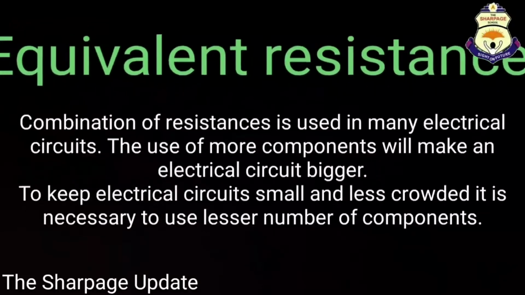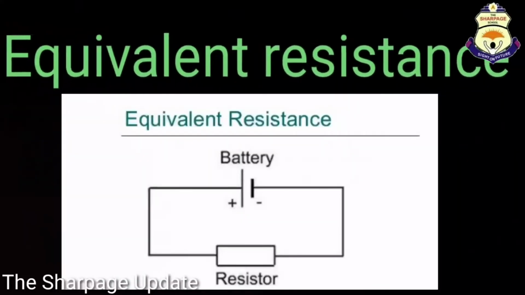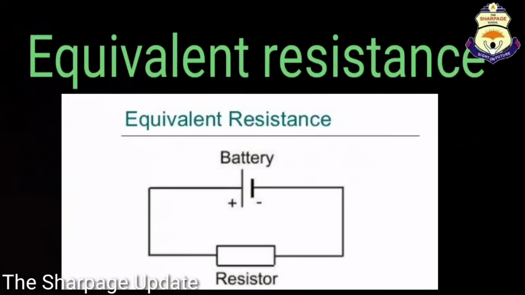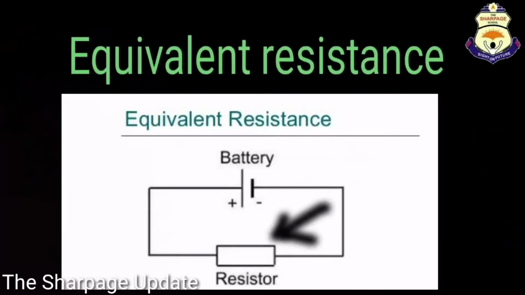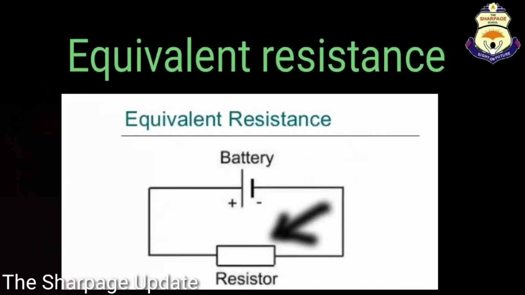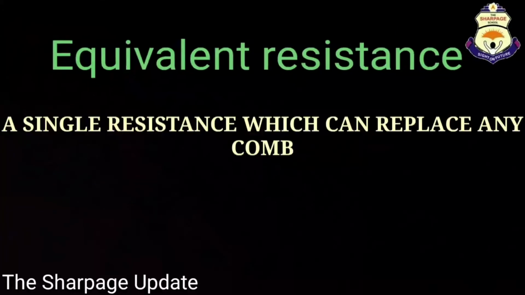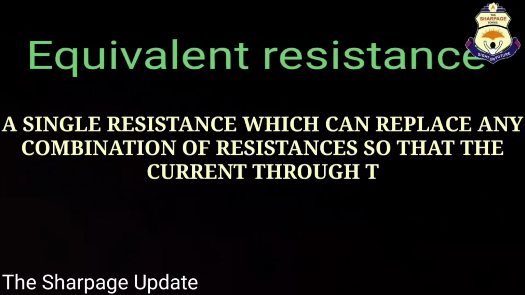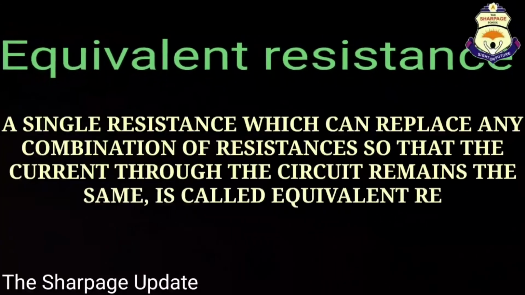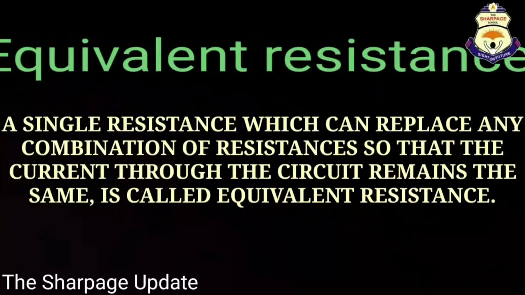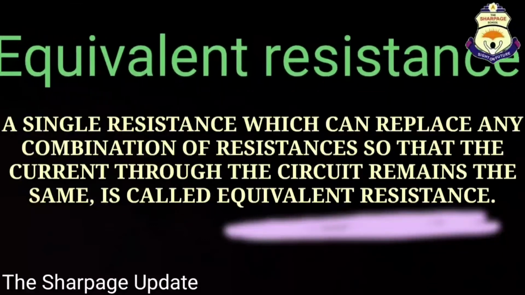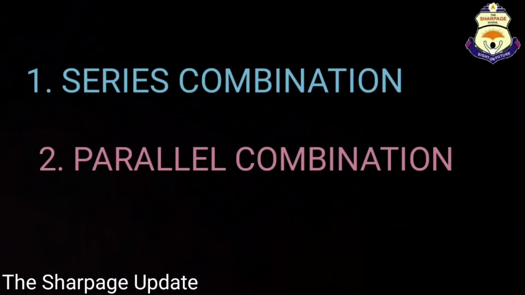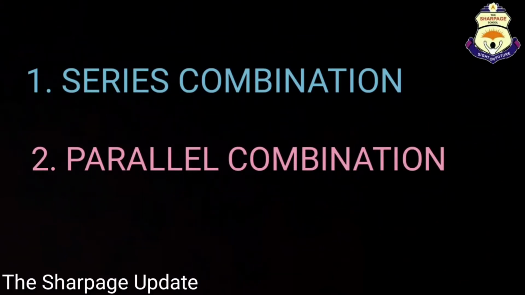For example, a combination of many resistances can be replaced by a single resistance of suitable value. So, a single resistance which can replace any combination of resistances so that the current through the circuit remains the same is called equivalent resistance. Now, we will study the series and parallel combination.